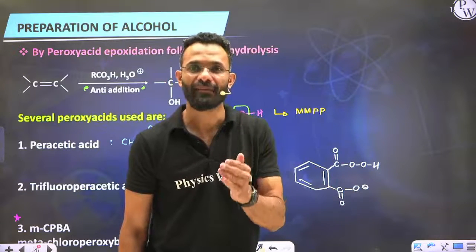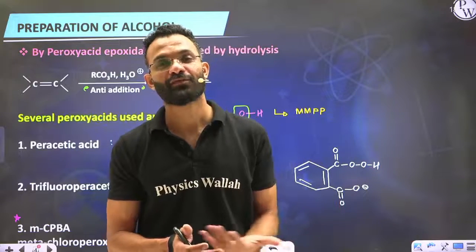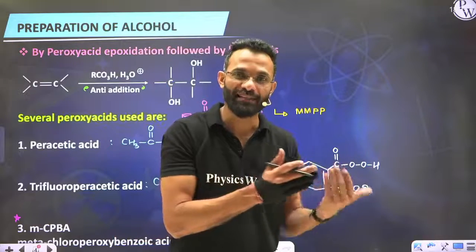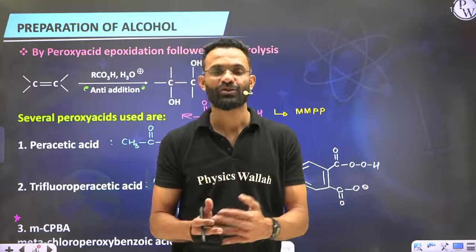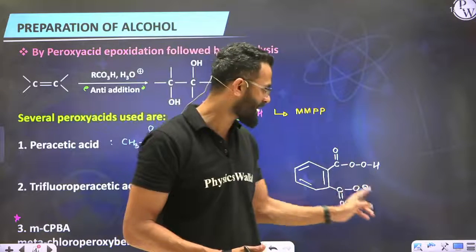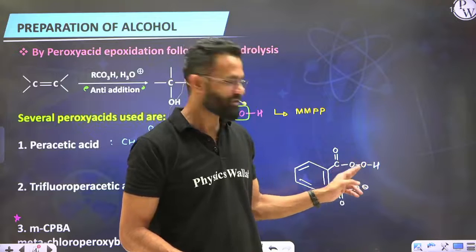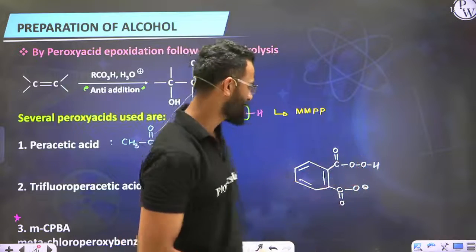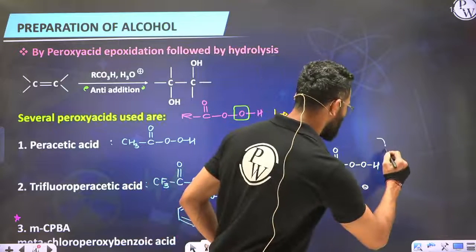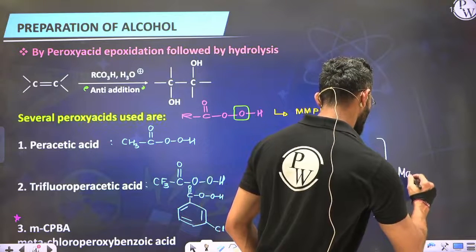The naming of inorganic acids, what we have learned, is that in oxyacids, an ic acid's conjugate base is called ate, and an ous acid's conjugate base is called ite. So this is phthalic acid's conjugate base, hence it was phthalate. But one of the two carboxylic acids is now in the form of monoperoxy. So monoperoxyphthalate. Now imagine this monoperoxyphthalate ion is counterbalanced by magnesium ions. So magnesium ions are Mg+2.